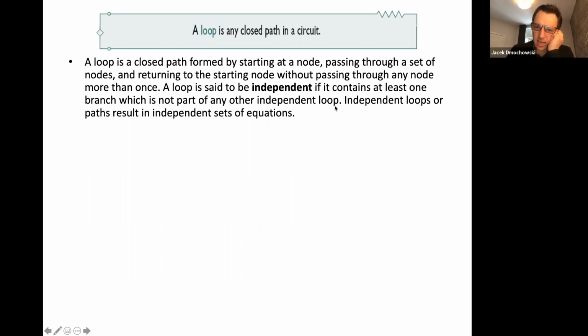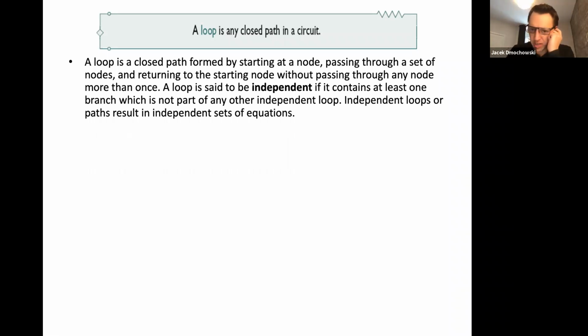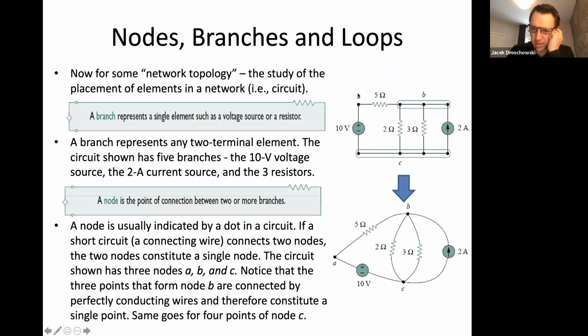This is actually, it reads more confusing than it actually is. So independent loops or paths result in independent sets of equations. And so in this picture, I'll just tell you, this is an independent loop, this is an independent loop, and this is an independent loop. Or another way of divvying it up is 1, 2, and 3.